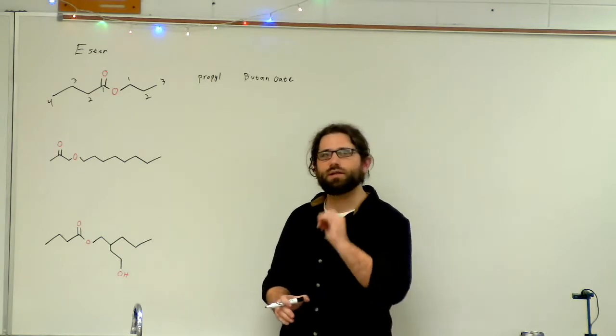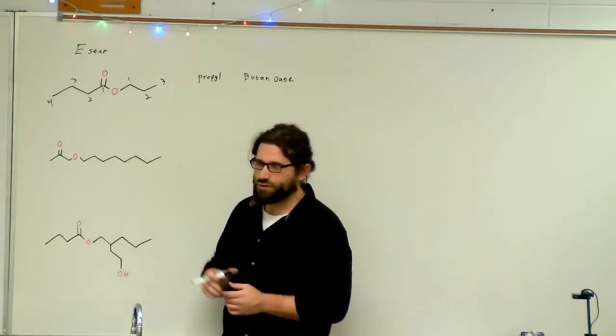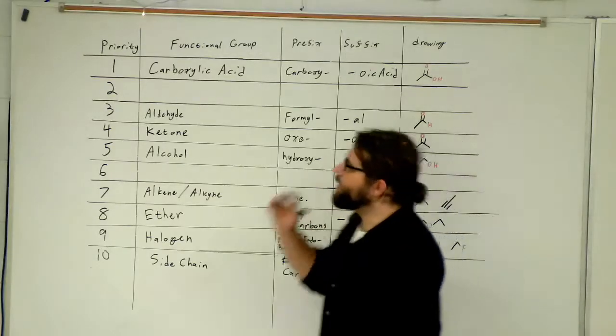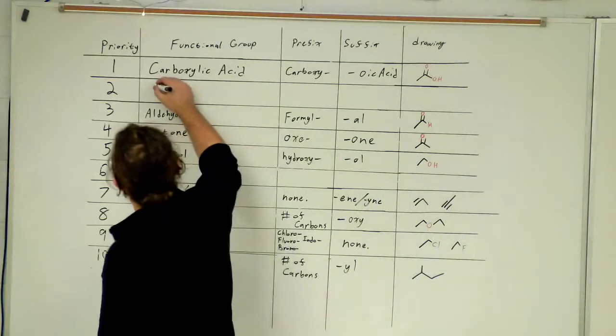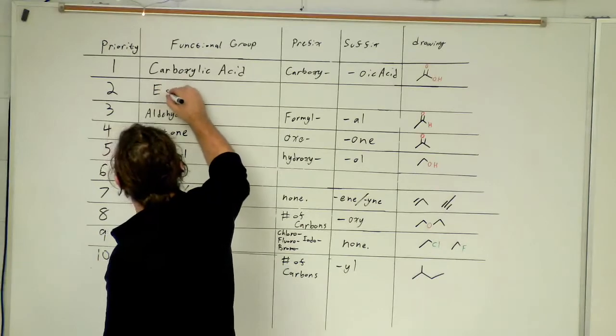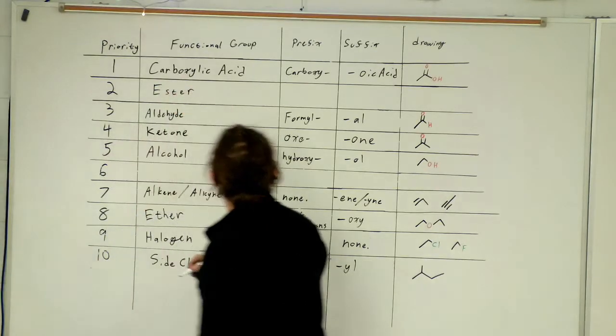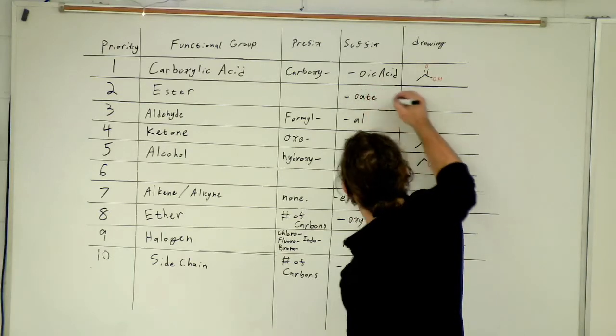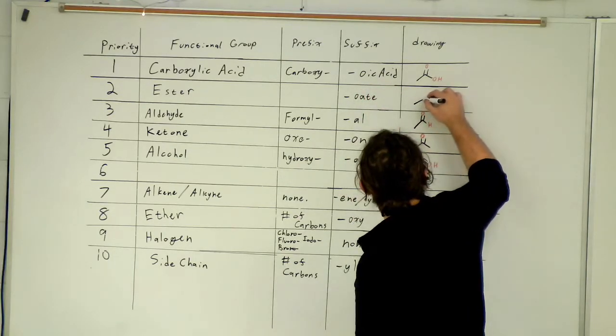Okay, let's take a look at the priority on an ester before we continue on naming them. The priority of the ester is number 2, second only to the carboxylic acid. The suffix we already saw was -oate. The drawing, we'll draw it like this.